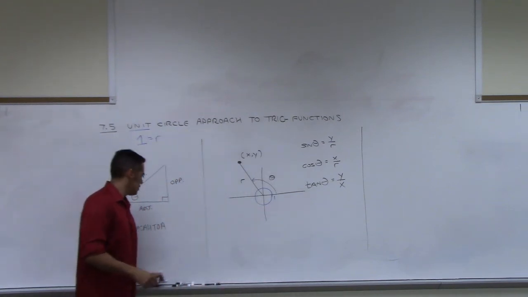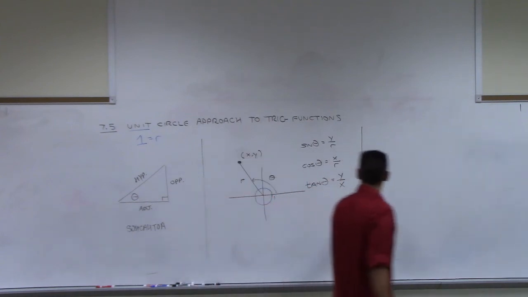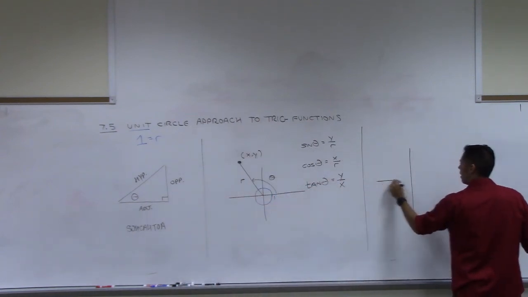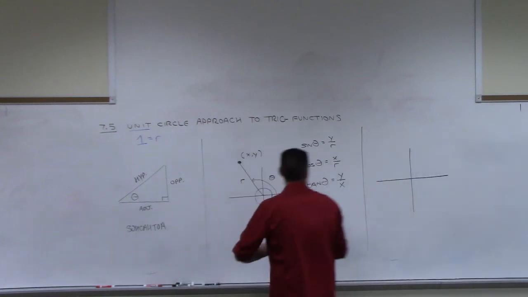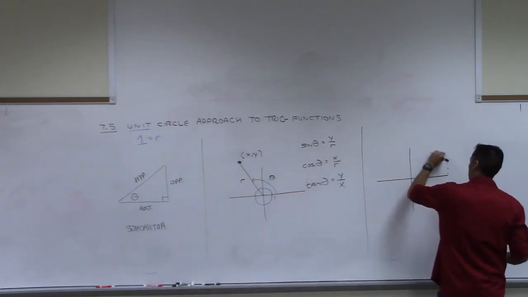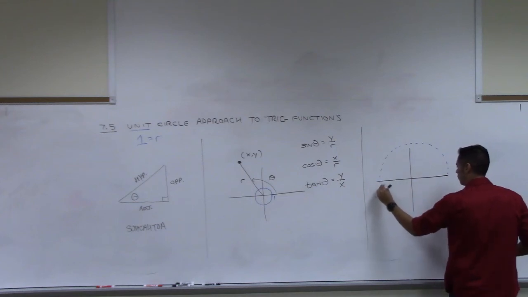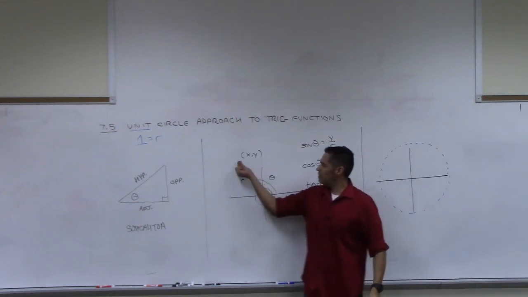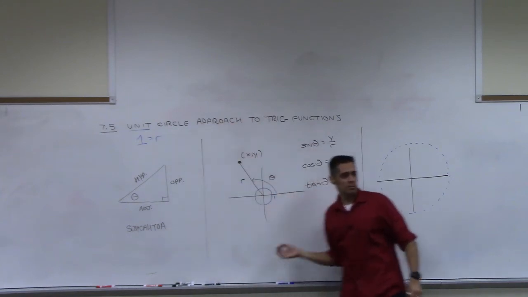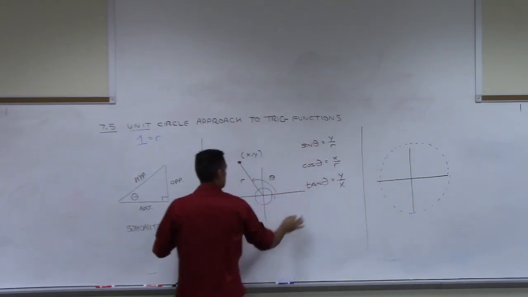All right? So let's go back now and imagine we can draw this, and we have this unit circle. I'm going to draw it as a dashed unit circle for right now. See, with this approach, when I pick this point, it could be anywhere, couldn't it? It could be anywhere I want.